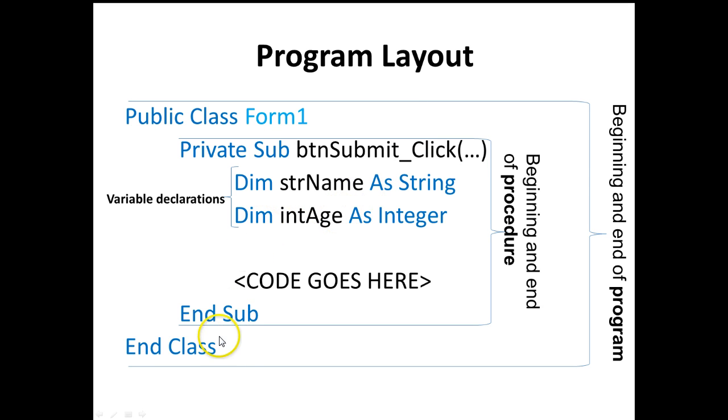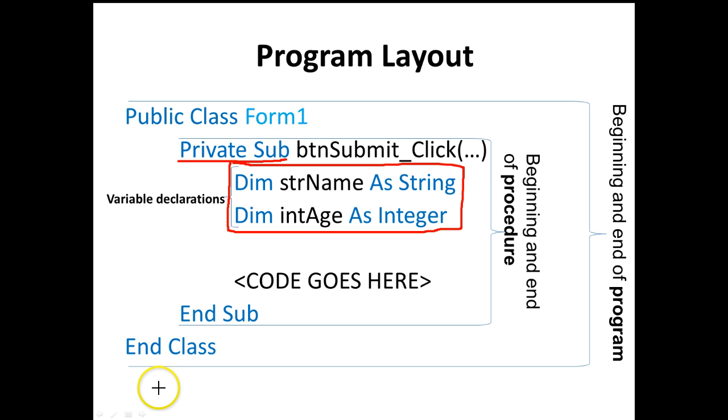So the variables will be put right after your private sub line. You'll declare all your variables there, and then after you're done declaring your variables, you'll start actually using them in your code, which goes below that.